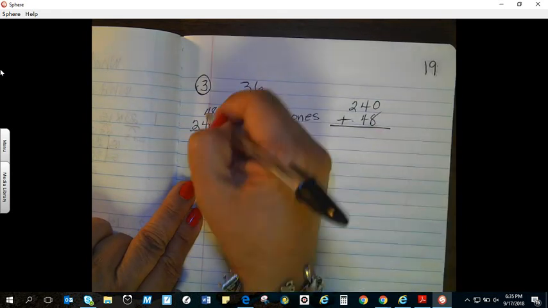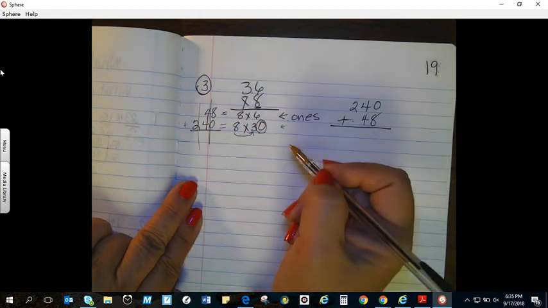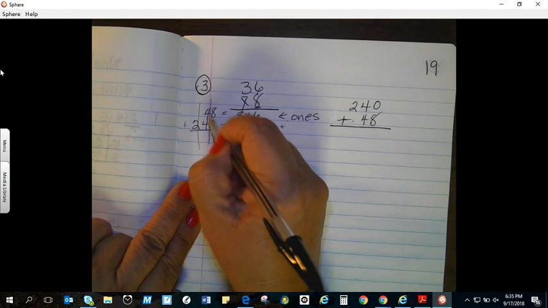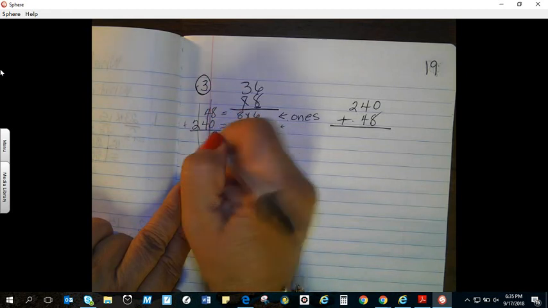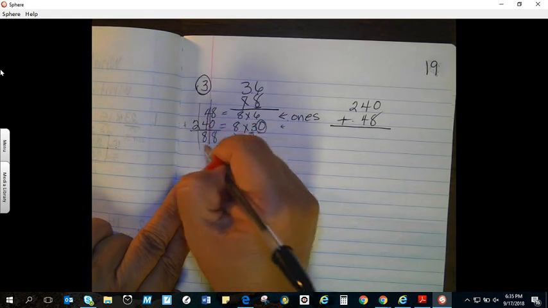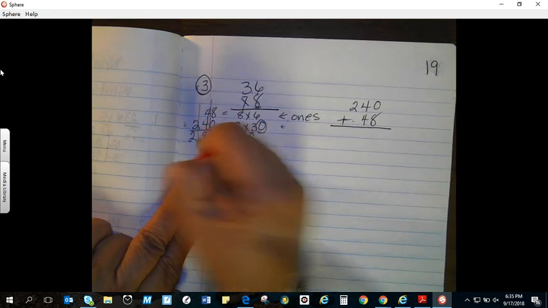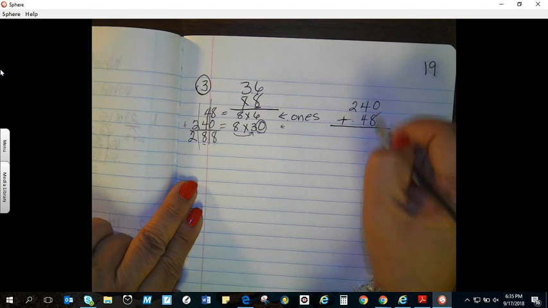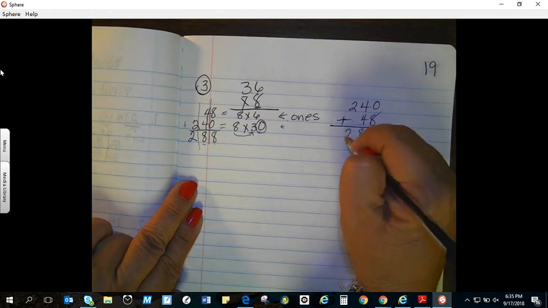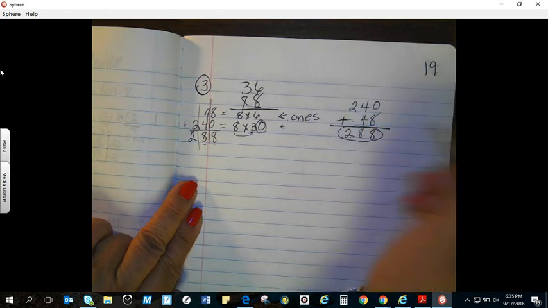But if you're comfortable with here, make sure you keep your place values in line. So I have my 1s, I have my 10s. 4 plus 4 is 8, and bringing down my 2. 8 plus 0 is 8, 4 plus 4 is 8, and bring down my 2, and my answer is 288.